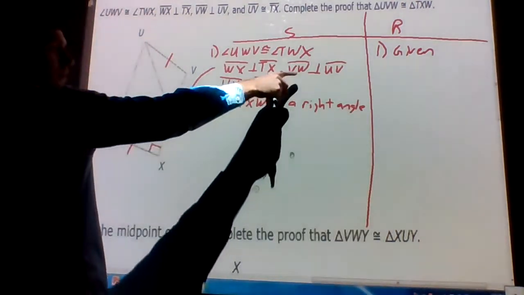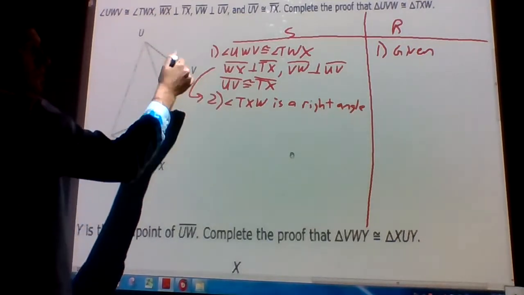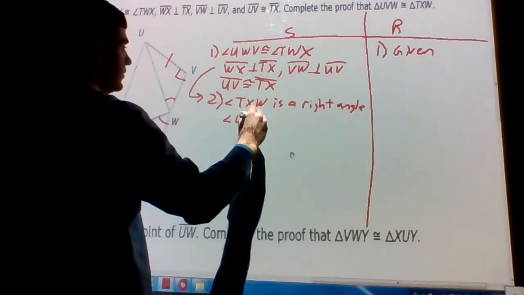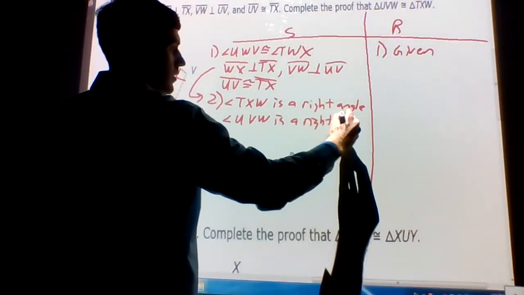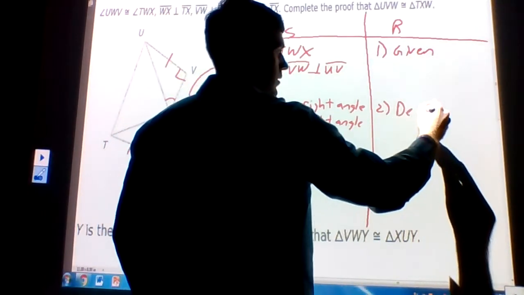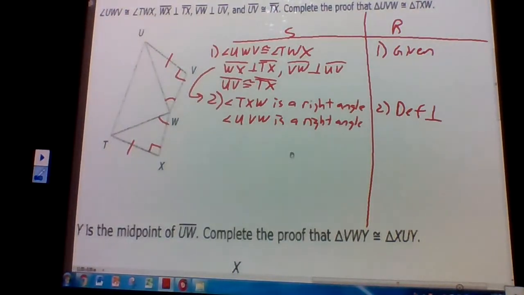We also have perpendicular lines here. VW is perpendicular to UV, that tells us angle UVW is a right angle. And that's your definition of perpendicular. Perpendicular lines are lines that intersect and form four right angles.